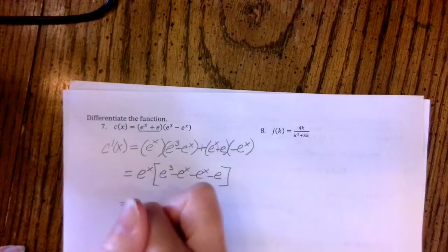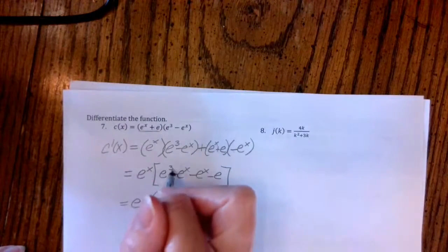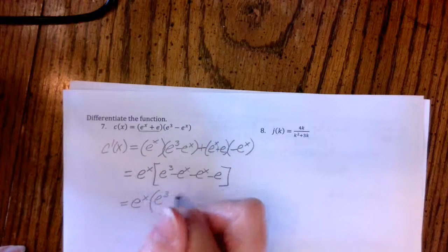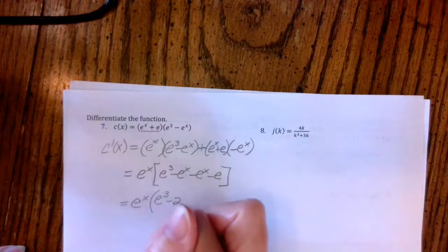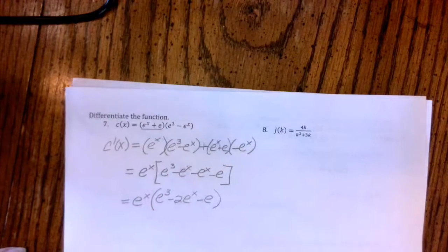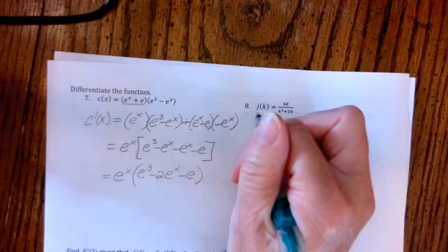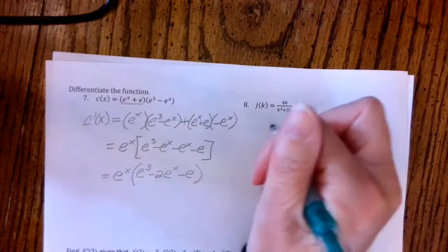Simplifying again, I have e to the x times e to the third is a constant. I have two like terms, then minus the constant of e. And there's my answer.